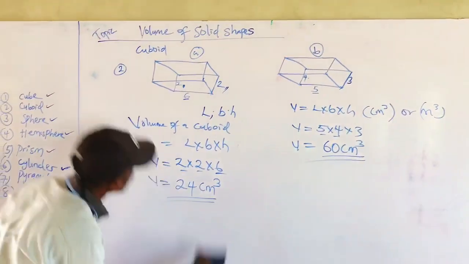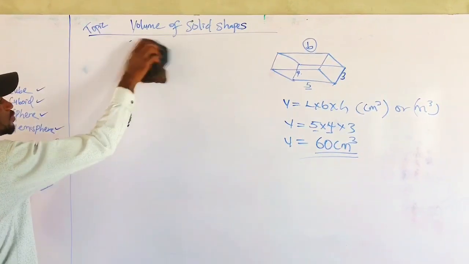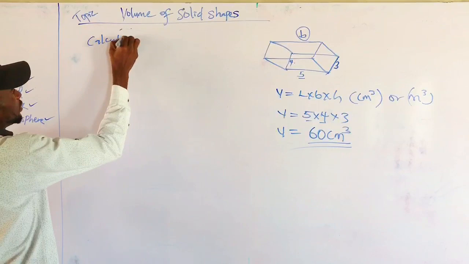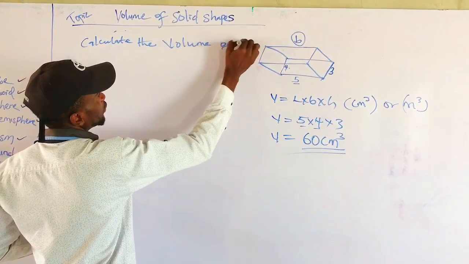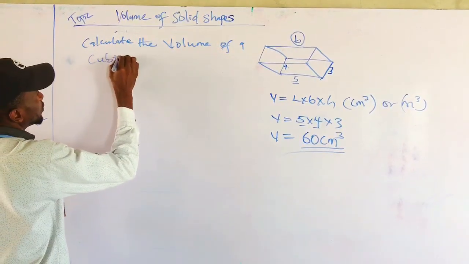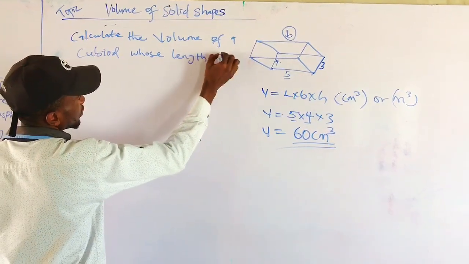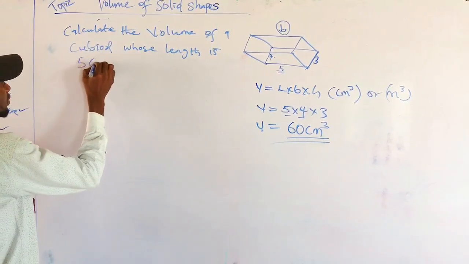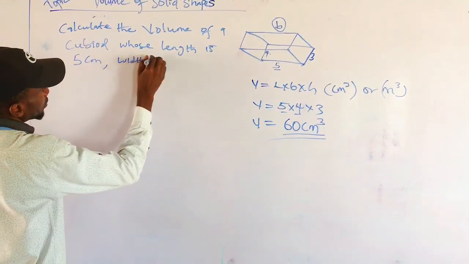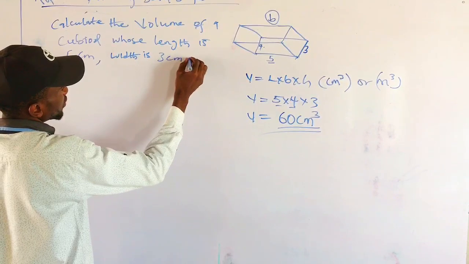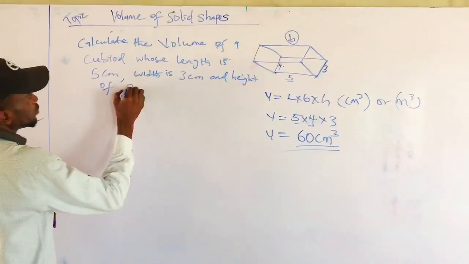Now take note. The question will not always come in form of the shape. It's possible for you to see, calculate the volume of a cuboid whose length is 5 centimeter, the width is 3 centimeter, and height of 2 centimeter.